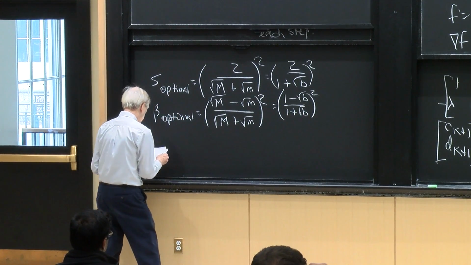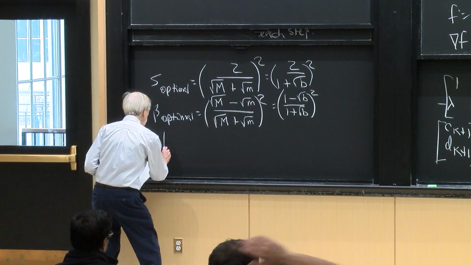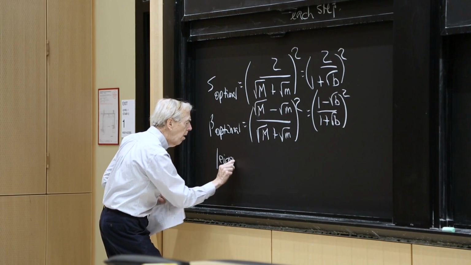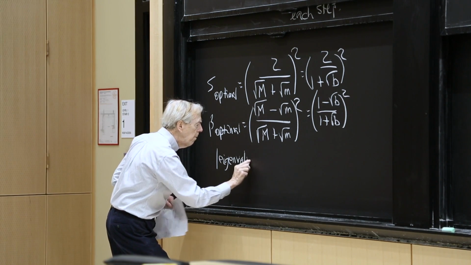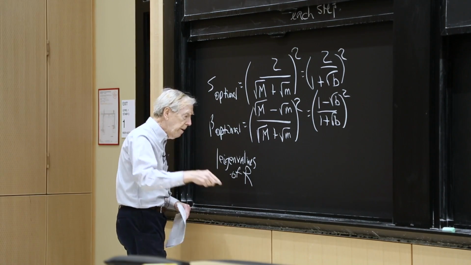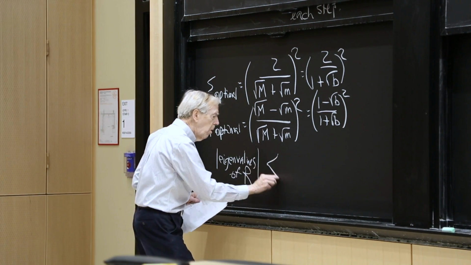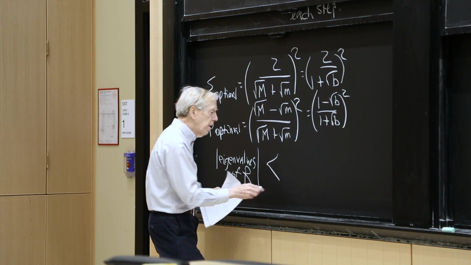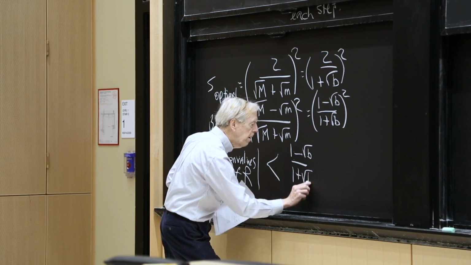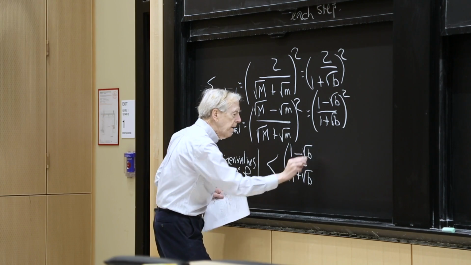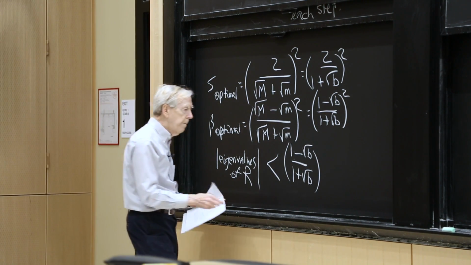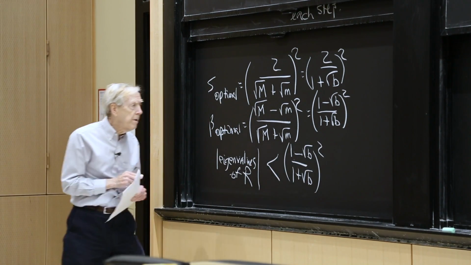In this case, the eigenvalues of R, that's the iterating matrix, are below that. Now you're going to see the 1 minus square root of b over 1 plus square root of b, I think maybe squared. Let me just see. Yeah, it happens to come out that number again.